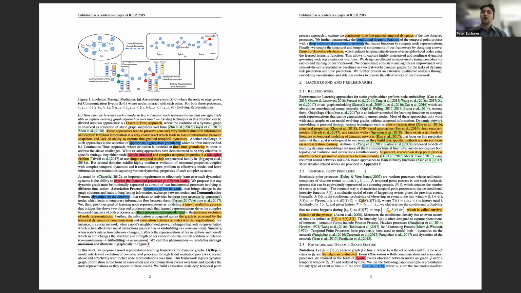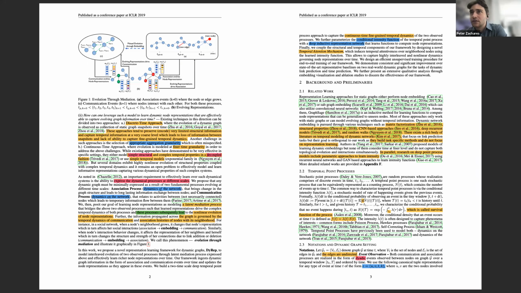So the idea is that, like I said, you can modify the graph with two actions, a communication action or an association action. Let's just say you can only modify the graph with one action. And what you do is model this action occurring as a temporal point process.